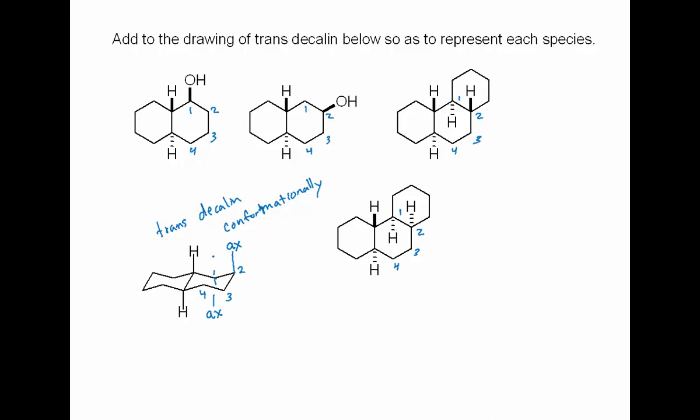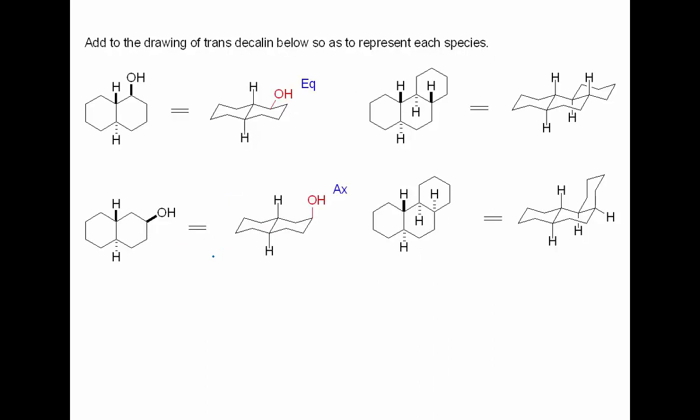And that's going to be our guiding principle for finishing this problem. So if it's up at carbon 1, it would have to be equatorial. If it's up at carbon 2, it would have to be axial. Okay? All right, so let's look at the answers.